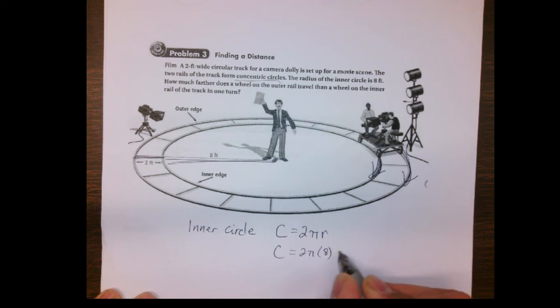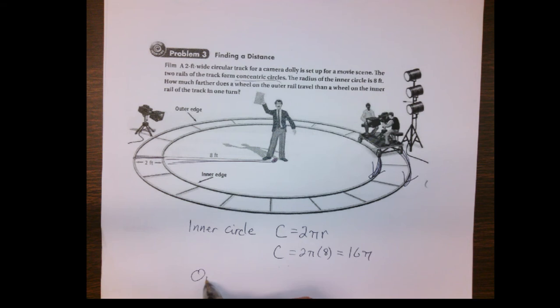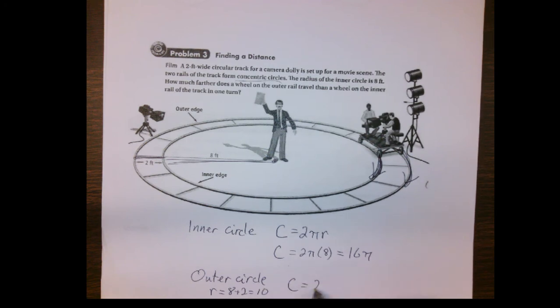So we've got a circumference of 16 pi. How about the outer circle? So the outer circle, the radius there is the 8 plus the 2, so it's 10. So circumference here is going to be 2 pi times 10, or in other words, 20 pi.